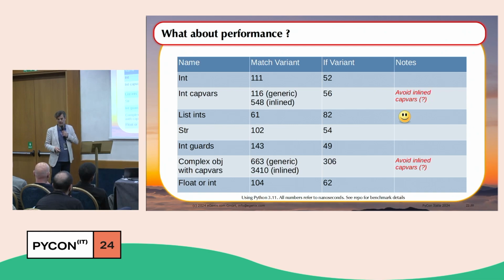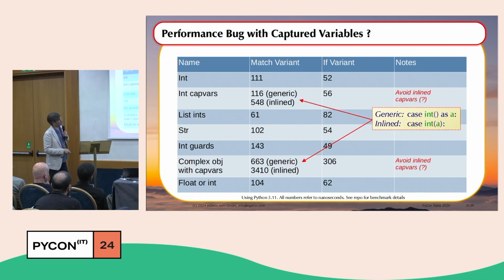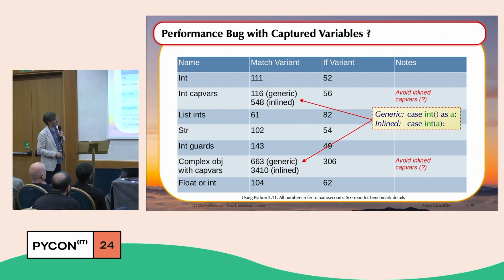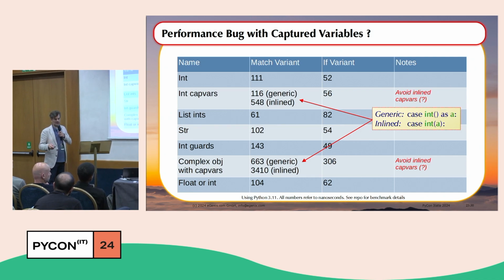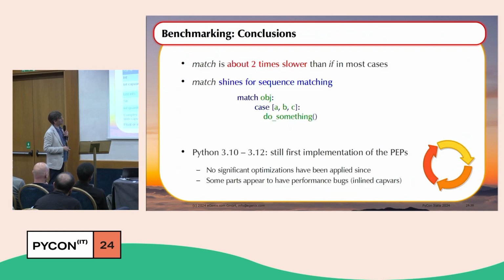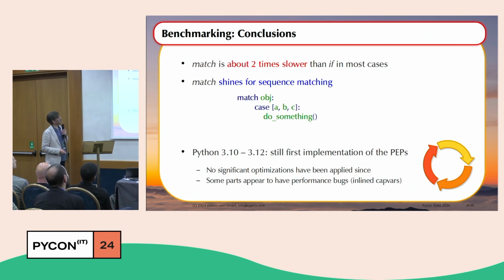It's just a different way of writing stuff, right? Just as a reminder of how you write these things, I think this is actually a bug in the implementation. Not a bug in the sense that it does the wrong thing, but a bug in the sense that the performance isn't right. So the conclusion for benchmarking is match is about 2 times slower than the if statement.